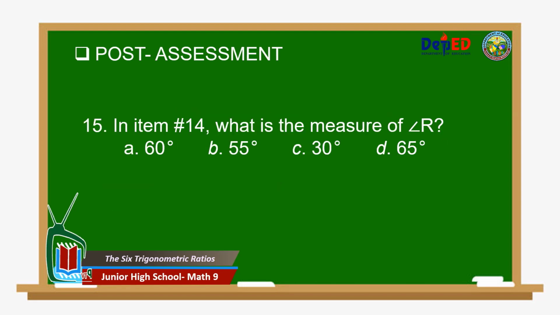And the last item, in item number 14, what is the measure of angle R? A. 60 degrees, B. 55 degrees, C. 30 degrees, or D. 65 degrees.